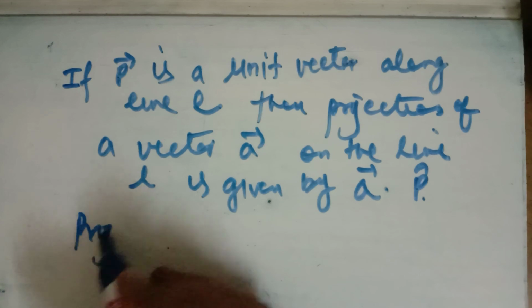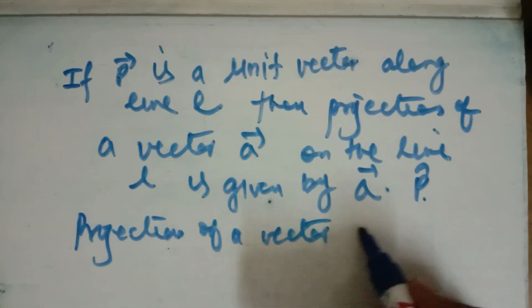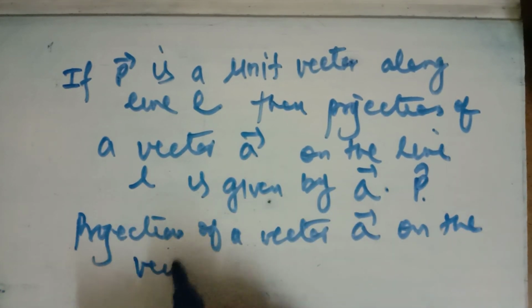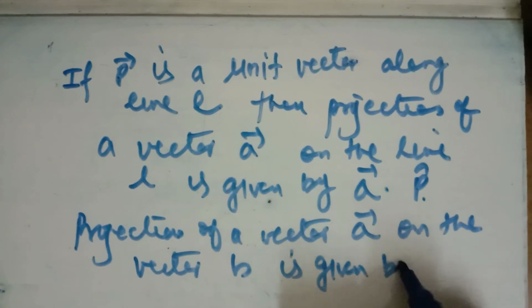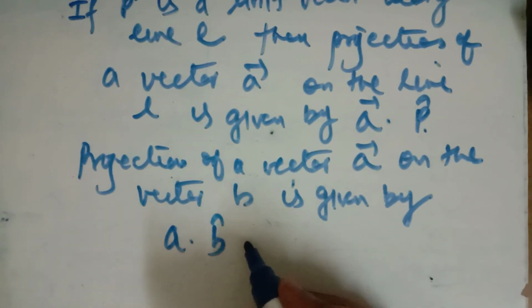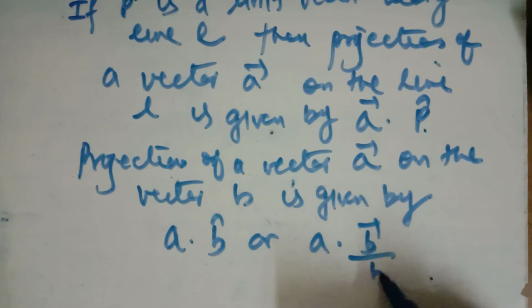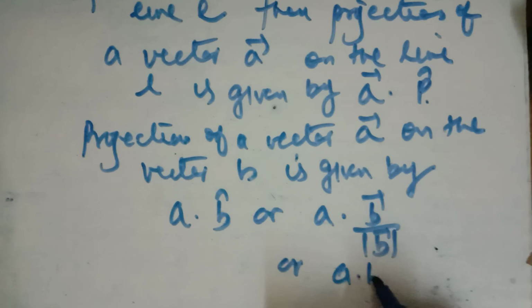So the projection of a vector A on the vector B is given by A dot B cap. We know that the vector B divided by the modulus of that vector is the unit vector in the direction of the given vector, or we can write this as A dot B vector divided by the modulus of the B vector.